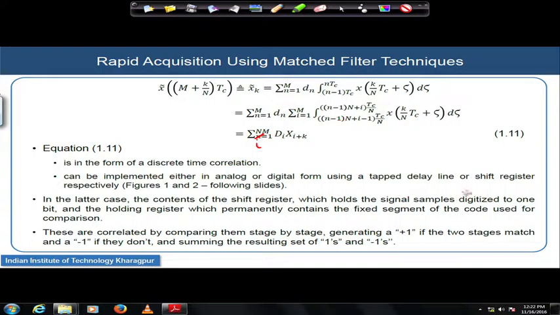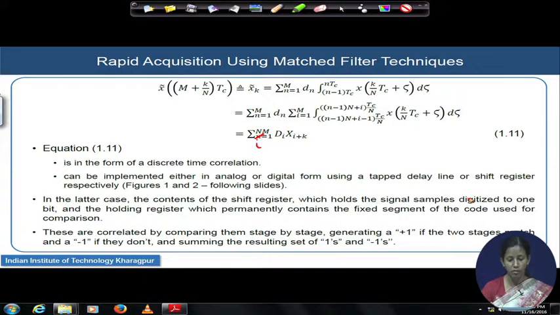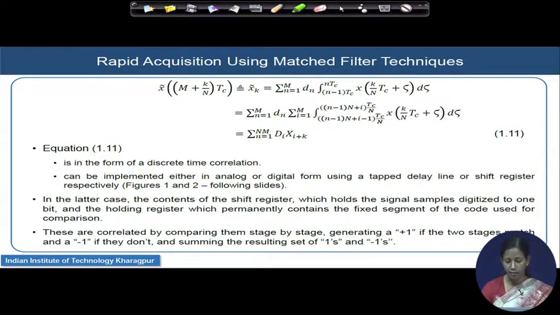If I do it in the shift register architecture, there is a shift register holding a replica of a PN segment permanently, a fixed segment which is continuously compared with the running segment of the incoming PN sequences, and they are correlated. I mean, these shift register sequences are correlated with each other. Let us go to the next slide and then discuss.